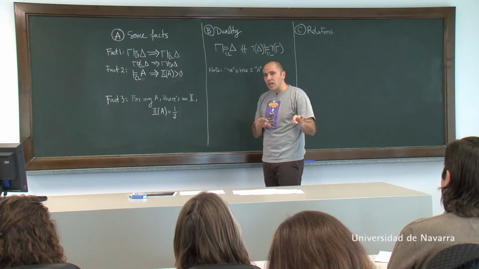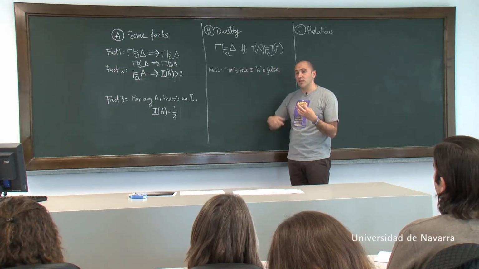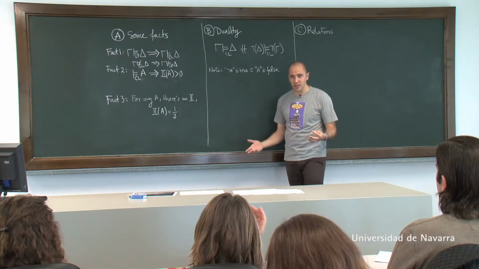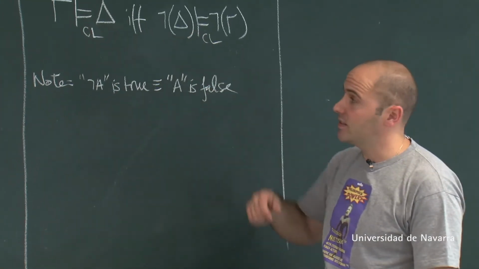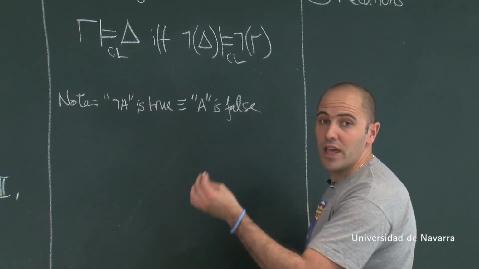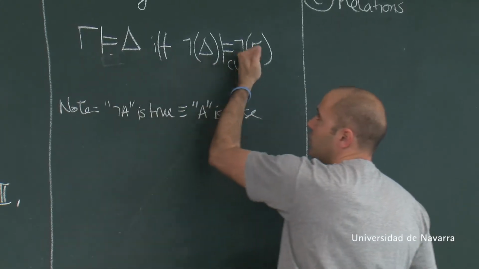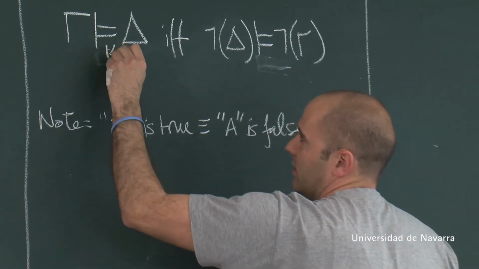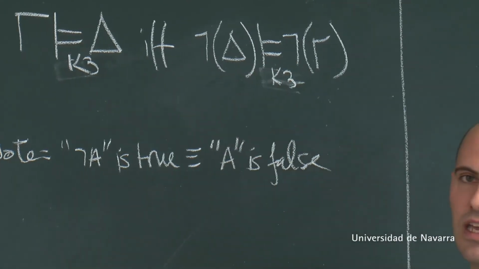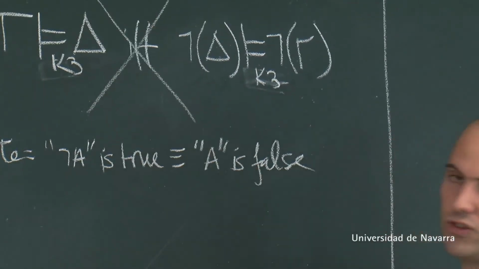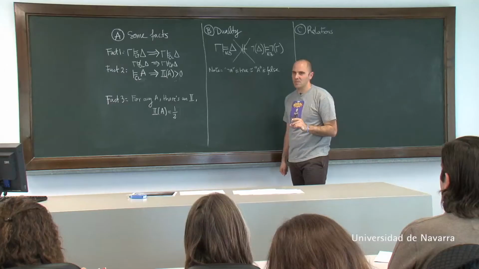Now when we move to K3 or LP, you can easily see that being untrue in K3 and being false are different things, right? And the same goes for LP. So actually, this inference does not work for either choice of K3 and LP. So if you put K3 here, this is false, right? So K3 is not self-dual.